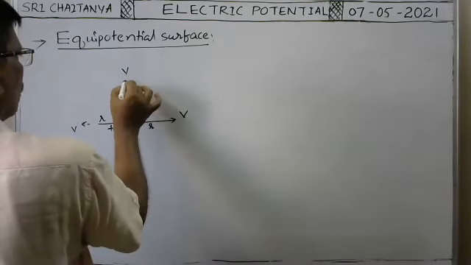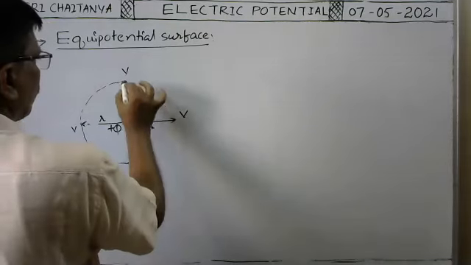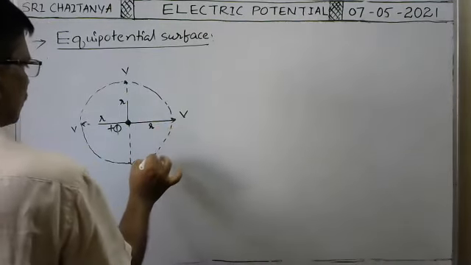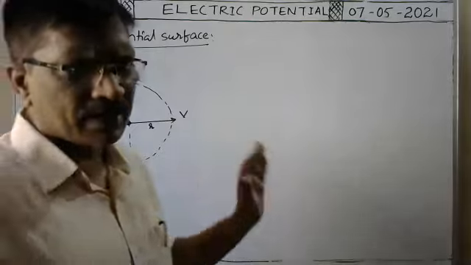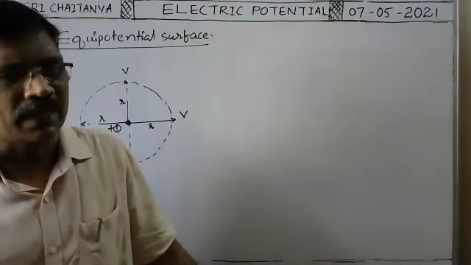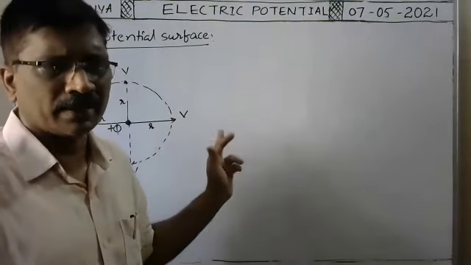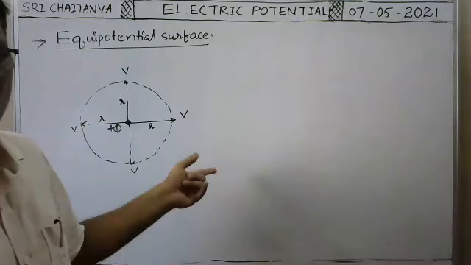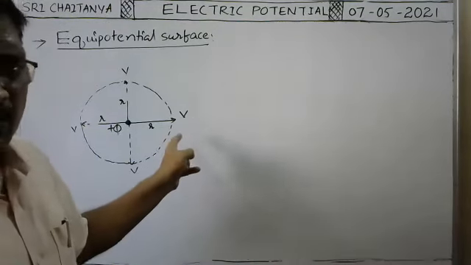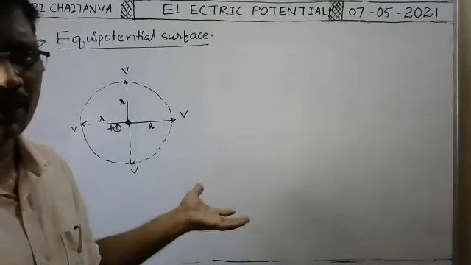Then you join all those points and you imagine it in three dimensions. Then what is the shape of that surface or locus where the potentials are equal? Spherical. That's why the nature of the equipotential surface is a sphere, not a circle. In two dimensions it would be a circle, but because of this point charge, the influence of the charge exists around it in space.